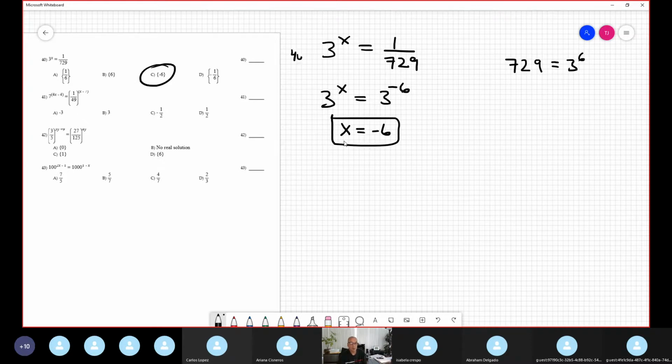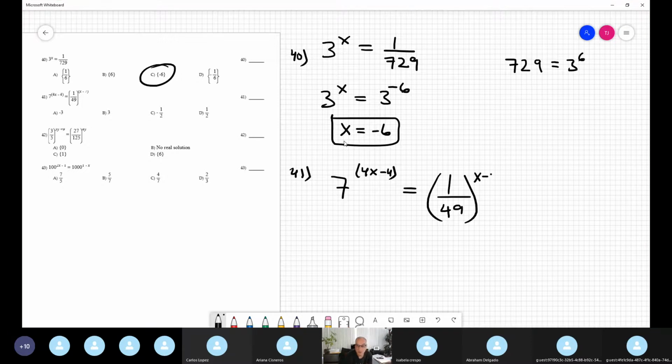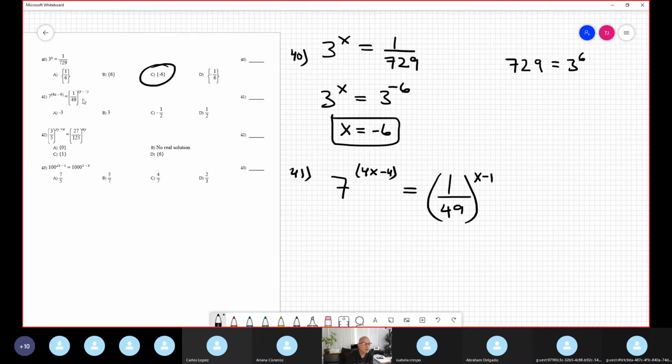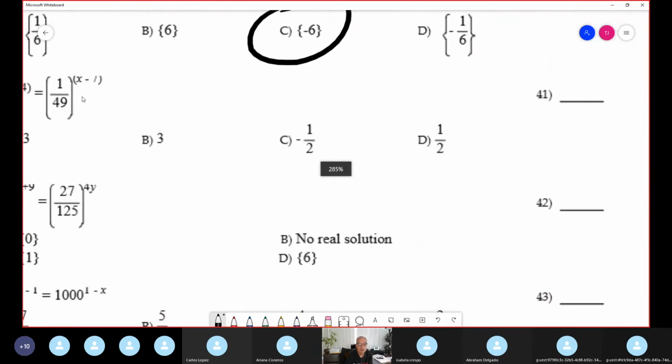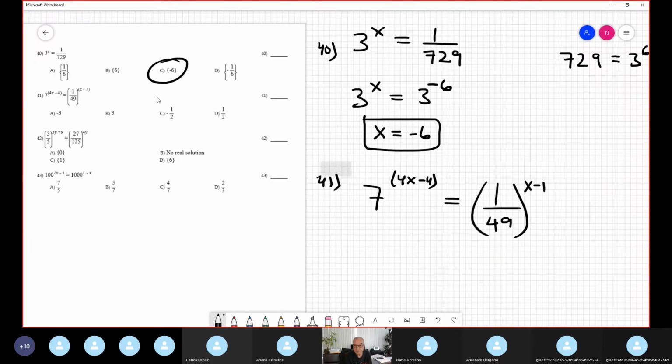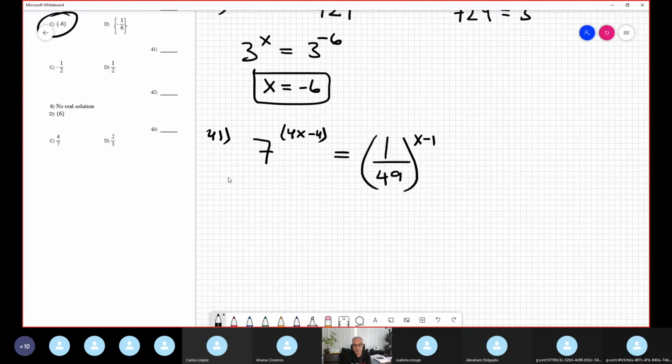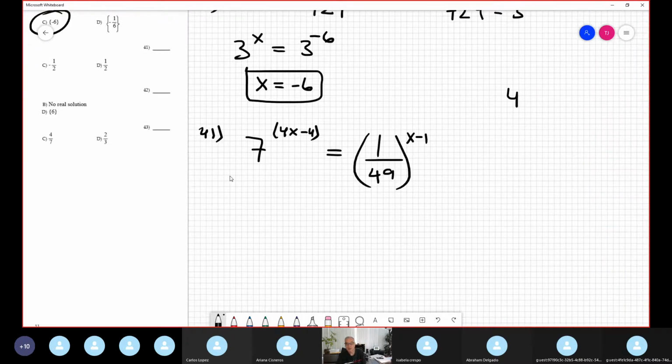41. This was 40, now 41. 7 raised to the parenthesis 4x minus 4 is equal to 1 over 49 raised to the x minus 1. I guess so, I don't see very well. It's easy because 49, I know very well, is 7 squared.